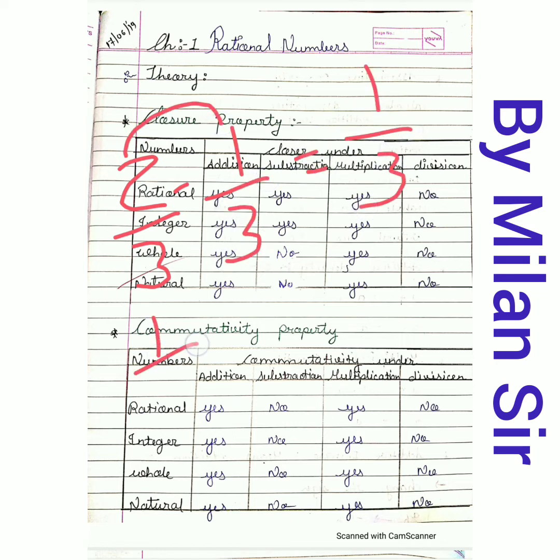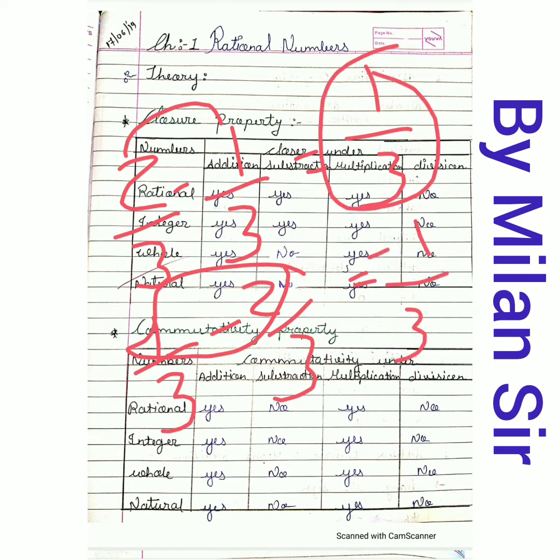Now change the order: 1 by 3 minus 2 by 3. So 1 minus 2 is minus 1. If we get plus 1 by 3 here, when we change the order we get negative 1 by 3. We always get the additive inverse if we change the order.